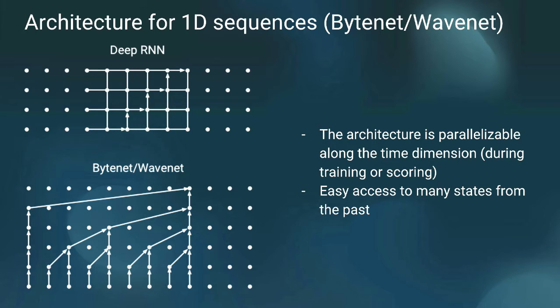Now, because we were interested in very long sequences, in long sentences made of characters, or long sequences in the audio waveform made of lots of samples, 16,000 samples per second, we were pressed to find a parallelizable architecture, something that could, at least during training, be parallelized across the entire sequence.